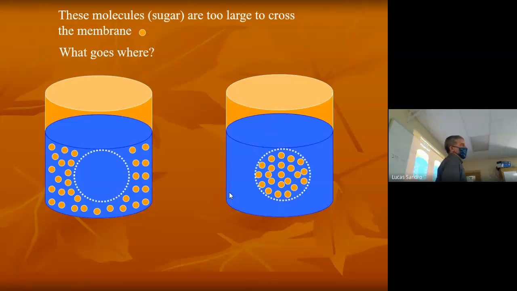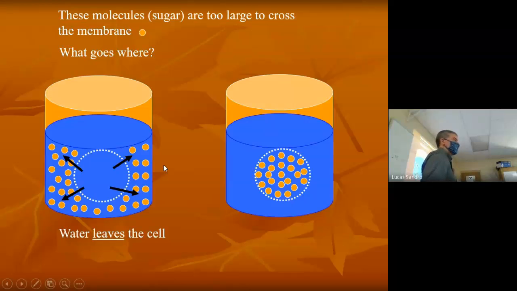Where is there the most water? In the middle, right? Because there's less junk floating in it. So if we're going from high to low water concentration, which way is that? That's out. Yeah, what's going to happen is this cell is basically going to lose water. Water is going to leave.